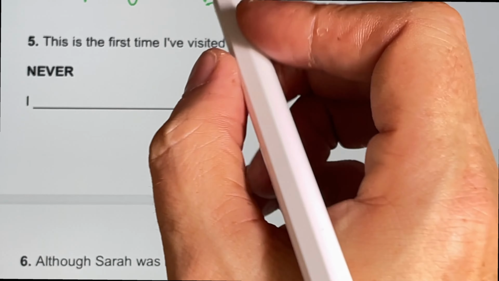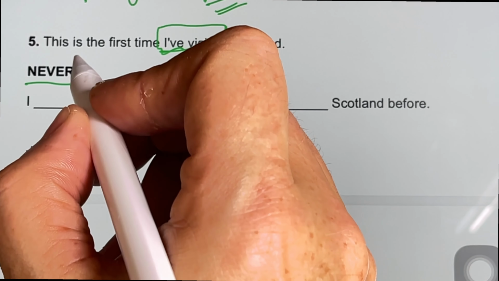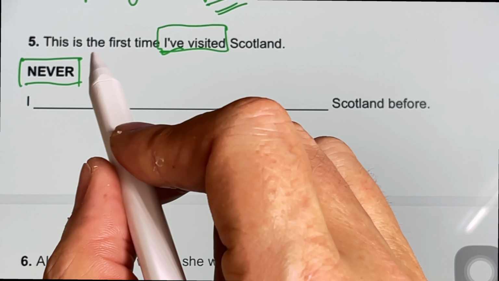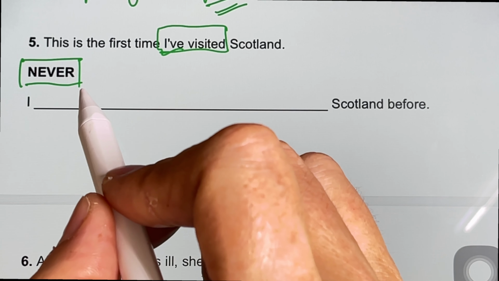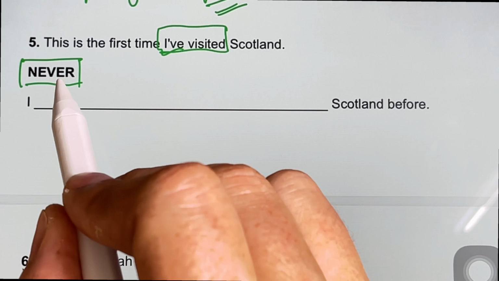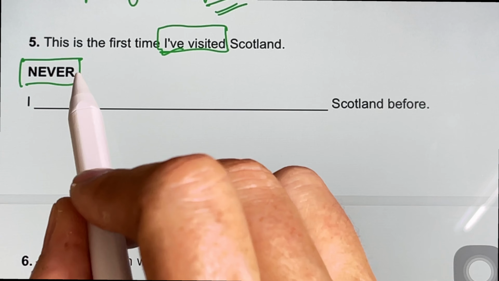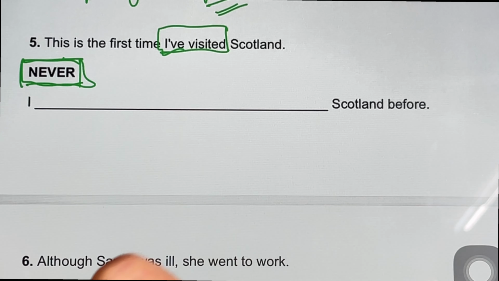Okay. So we have here "I have visited". And here we have "never". So we need to change this. We know that "never" goes with a present perfect, right? I have never done that. He has never done, he has never spoken, he has never eaten. So we have to use "never" with a present perfect.